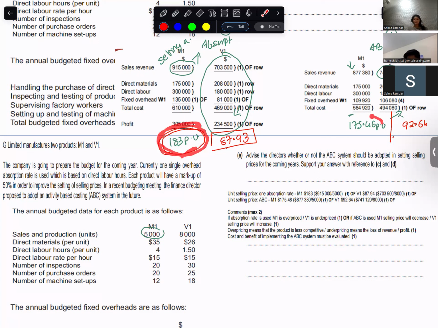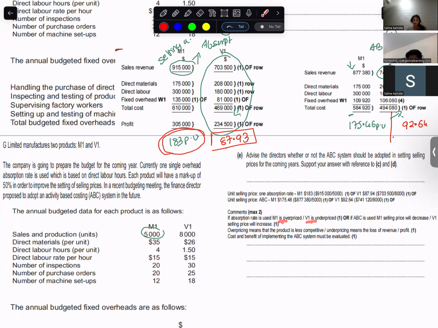But if we take activity based costing, based on the activity the selling price should be 175. So if we take absorption costing, M1 is overpriced and V1 is underpriced.